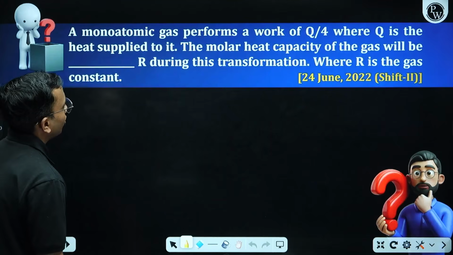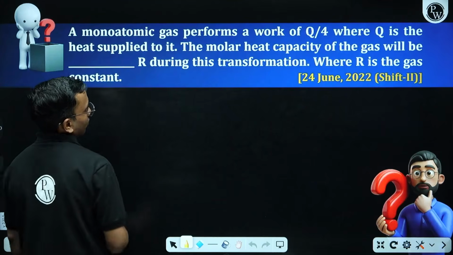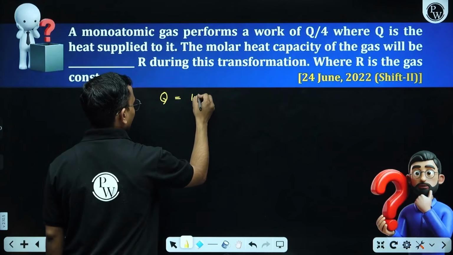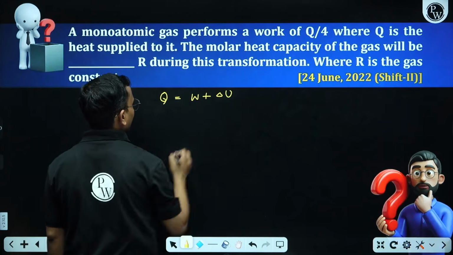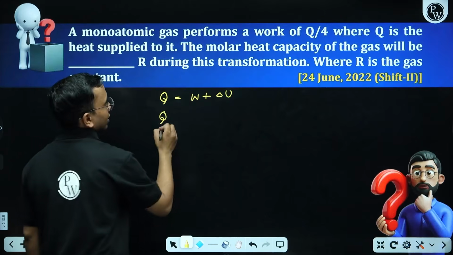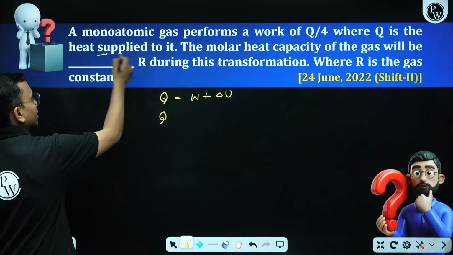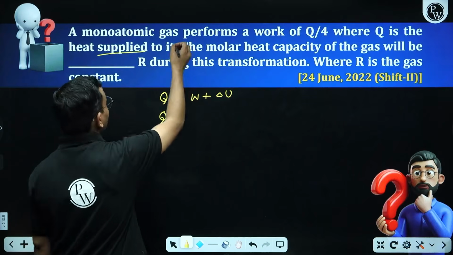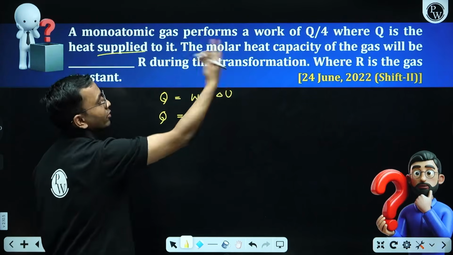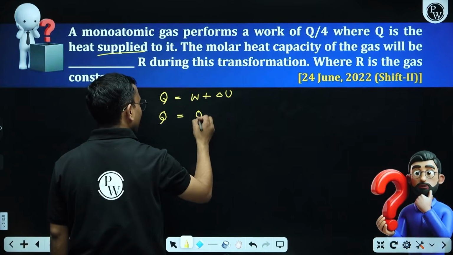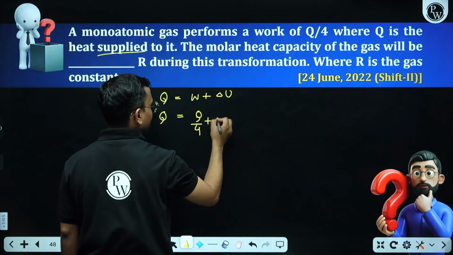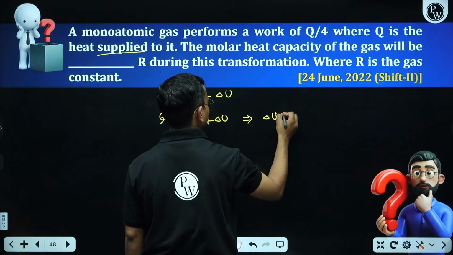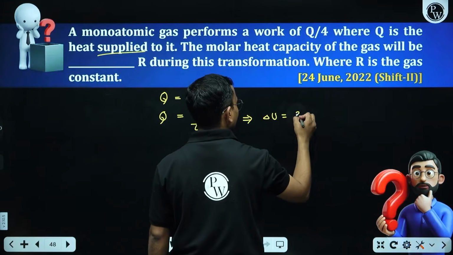So first of all, Q is equal to W plus delta U. Q is the amount of heat supplied, so I'll consider it positive. Here the gas is doing the work, so plus Q by 4, plus delta U. So from here I got my delta U as 3Q by 4.